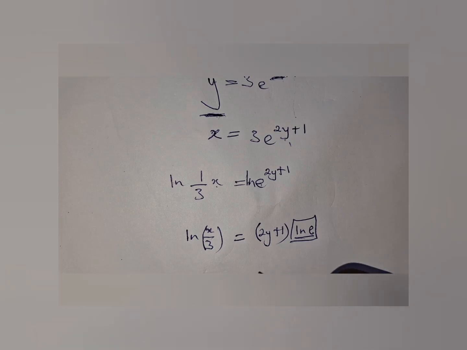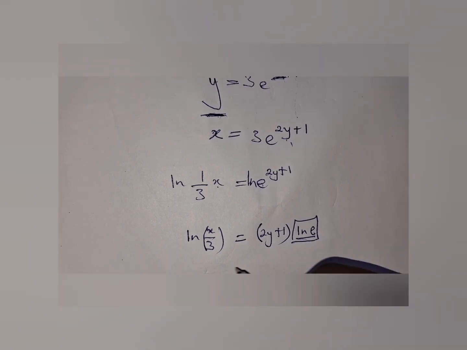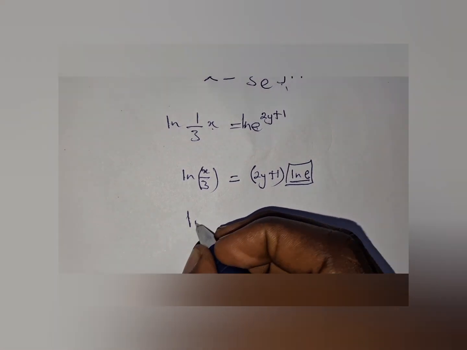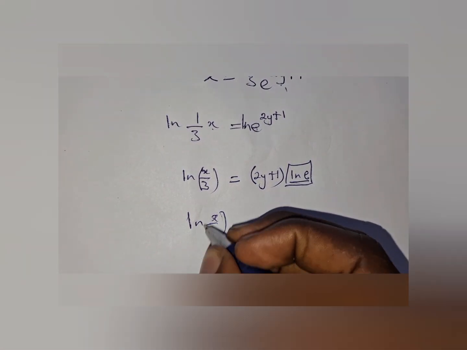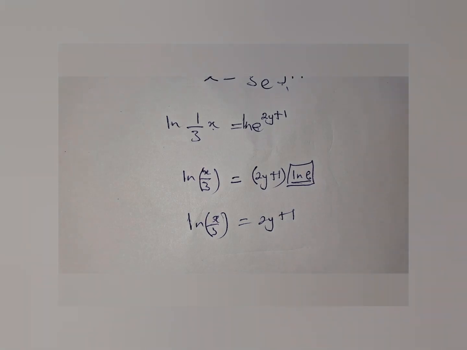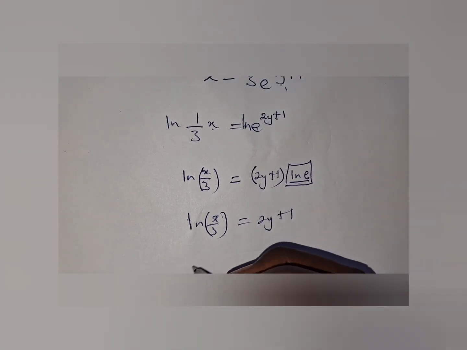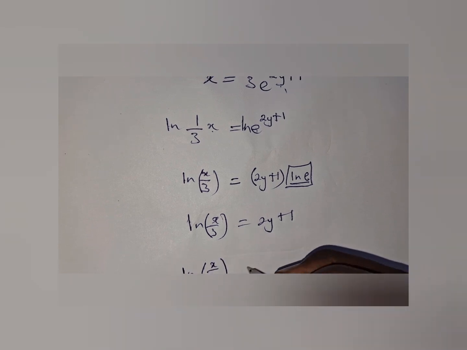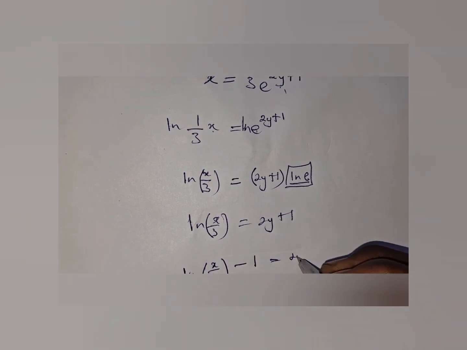So we are just going to substitute 1 for the natural logarithm of e, and here we're going to be having the natural logarithm of x over 3 is equal to 2y plus 1. Take 1 to the other side, it's going to be negative, so we're going to be having the natural logarithm of x over 3 minus 1 is equal to 2y.